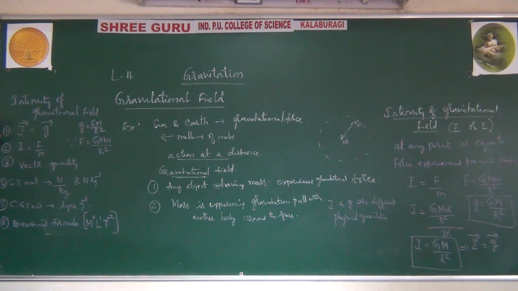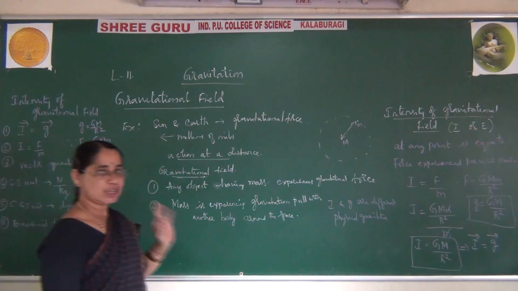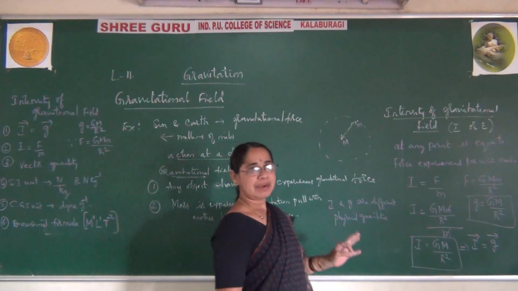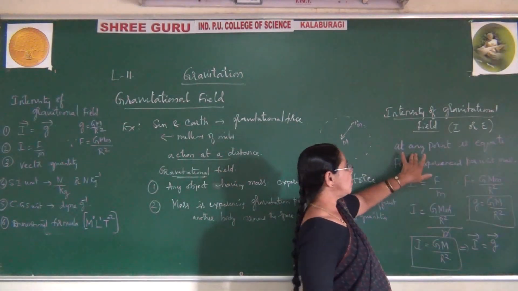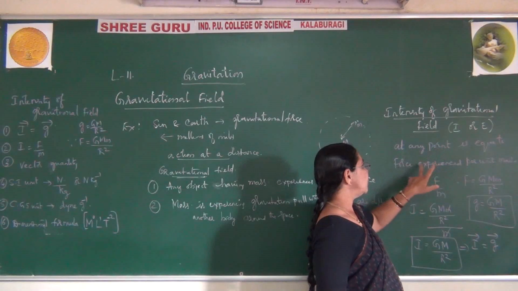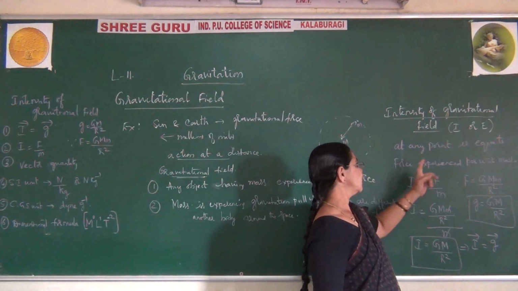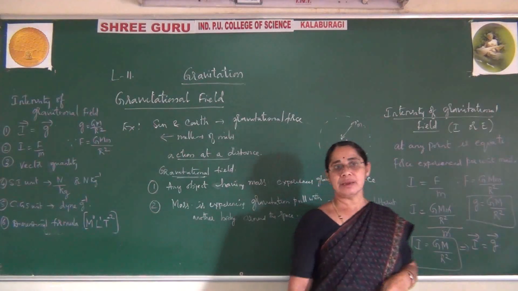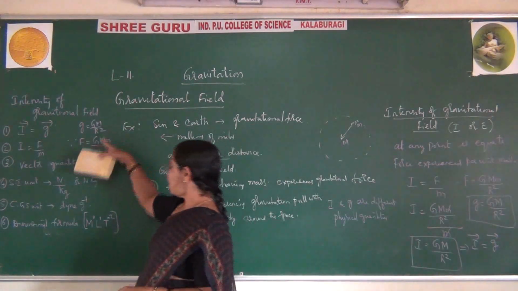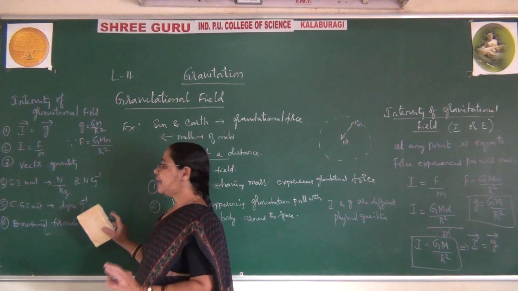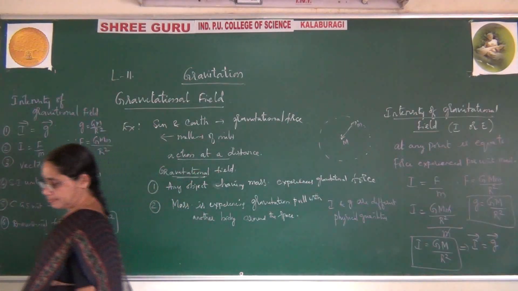If they ask to define intensity of gravitational field, you are ready to say intensity of gravitational field can be defined as, at any point, the force experienced per unit mass. This is the definition you can remember, and these are the points you have to remember for intensity of gravitational field.